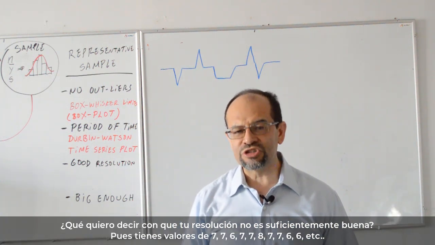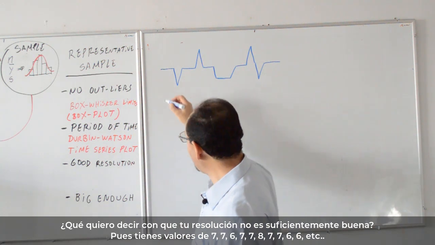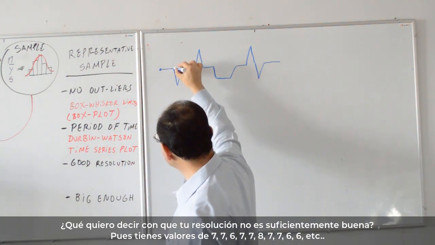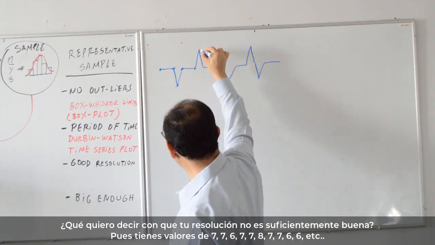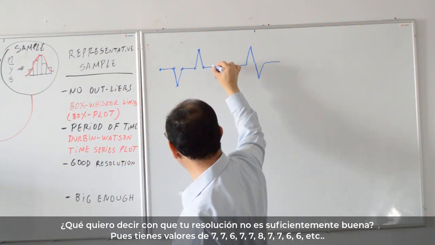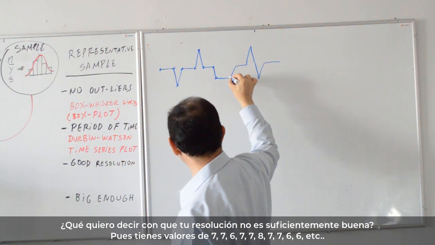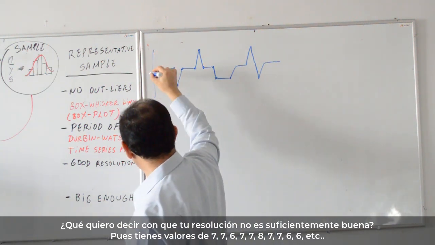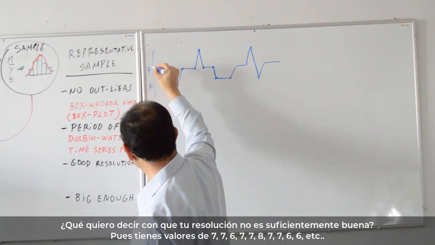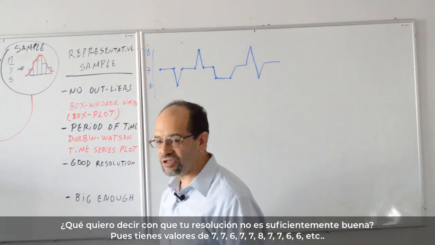Why do I mean that resolution is not good enough? For instance, your values here are 7, 7, 6, 7, 7, 8, 7, 7, 6, 6, etc. Assuming that on your axis you have 7, 6, 7, or 8, those are the values that you are observing.